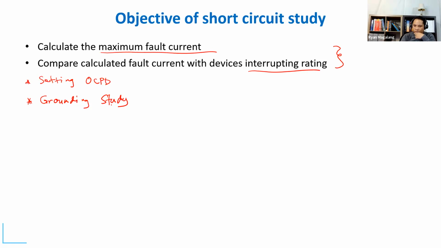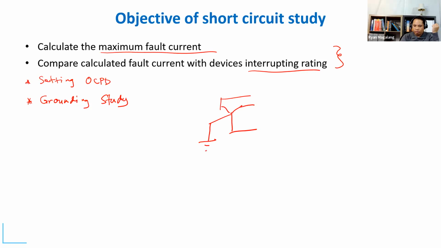And also, there's a type of grounding that we call effectively grounded system, where there is no intentional impedance inserted into the neutral of your transformer. It looks like this. Let's say that's your transformer.